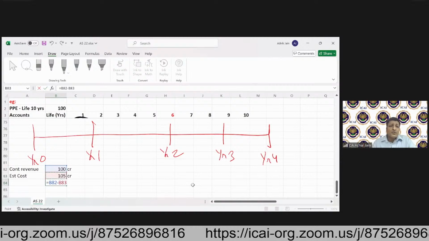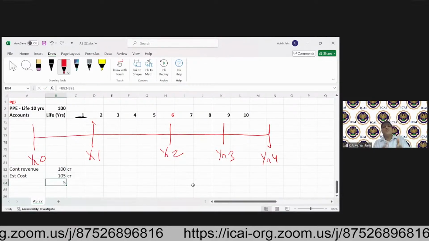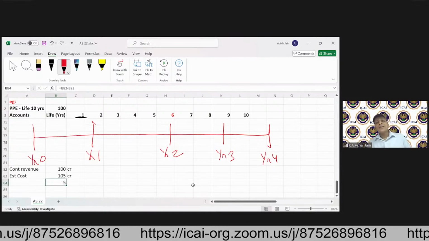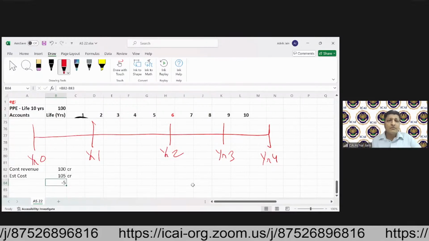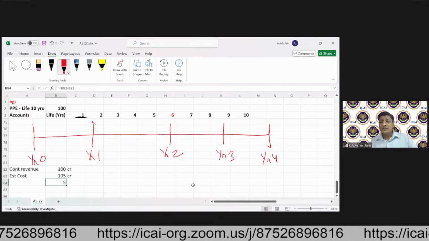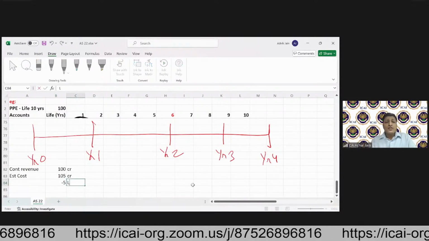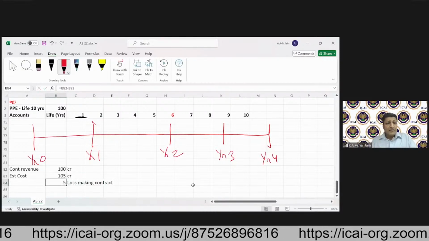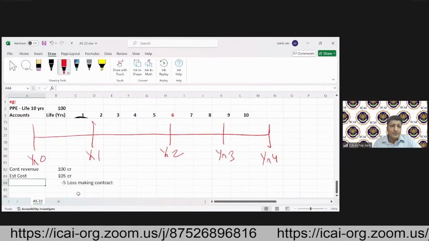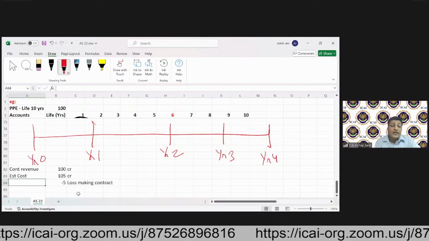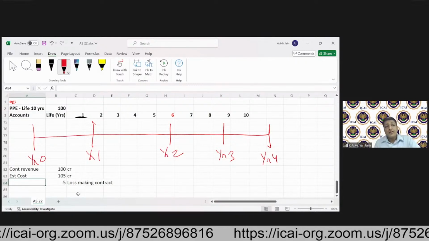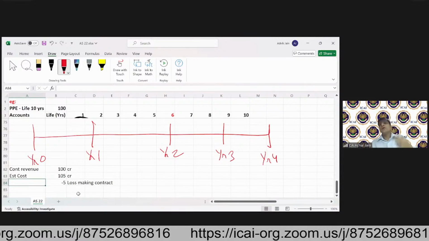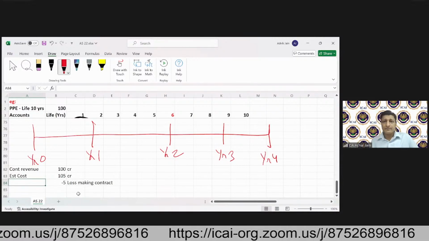Why? Because revenue is going to be 100 crore and the overall cost of the project will be 105 crore. So net, the company will end up incurring a loss of 5 crore. Yes or no? Yeah. So it's going to be a loss making contract. Now, what we also understand is that this contract cost will not be recognized in the first year itself.